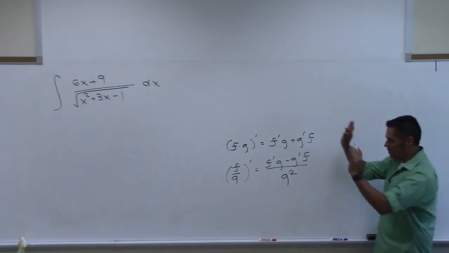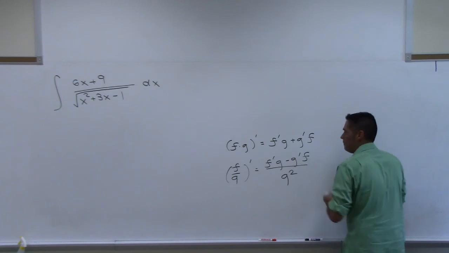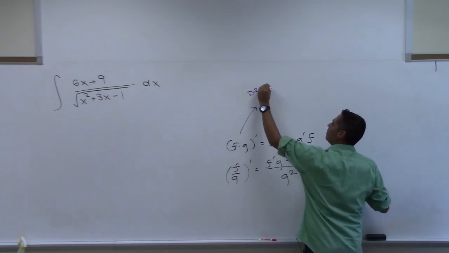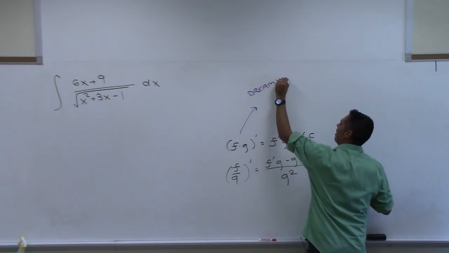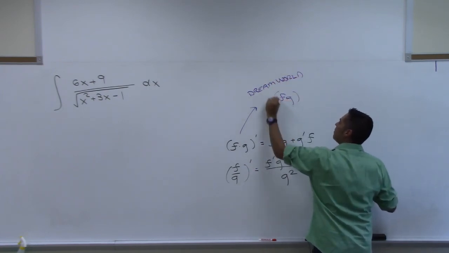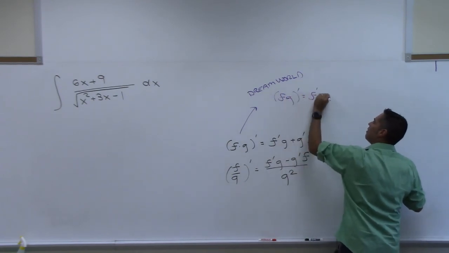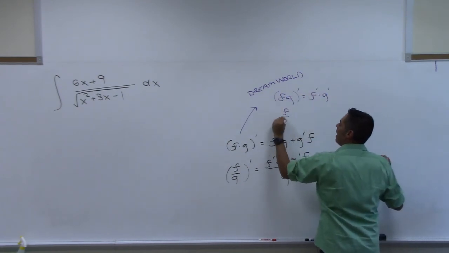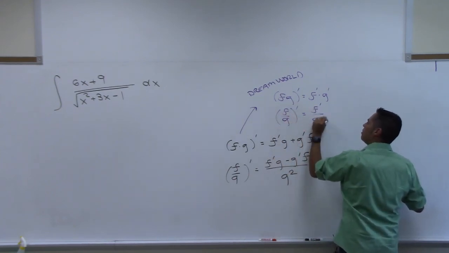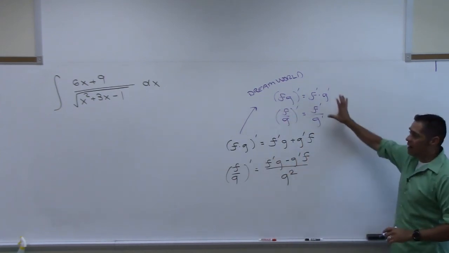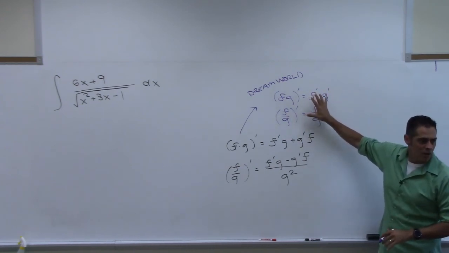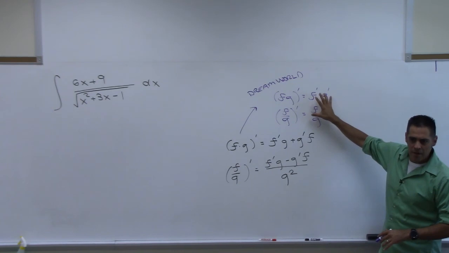If, and this is a big if, in some dream world that's not this world, the derivative of a product is just the derivative of each one multiplied, and the derivative of a quotient is just the quotient of the derivatives. That's dreamland, okay? If calculus was that way, calculus would not be that hard.